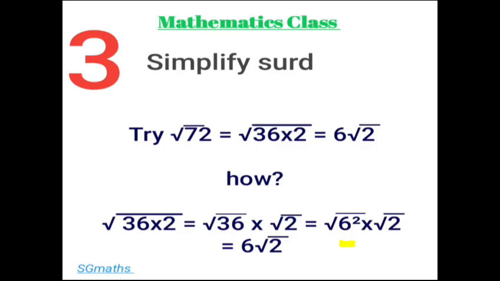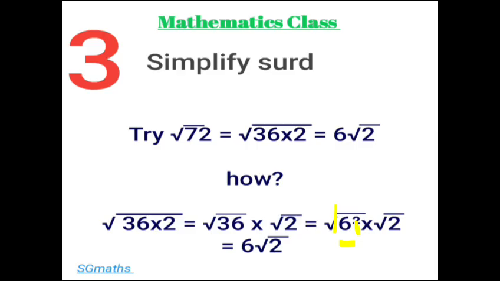If you now take this 6 raised to power 2, the roots here, we cancel the 2 here, so that we will be left with 6, because the square will take away the roots. That's the rule.